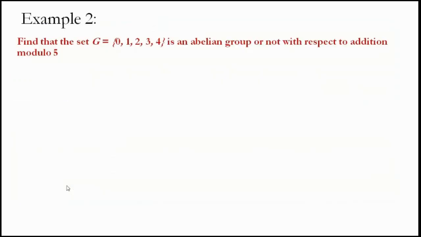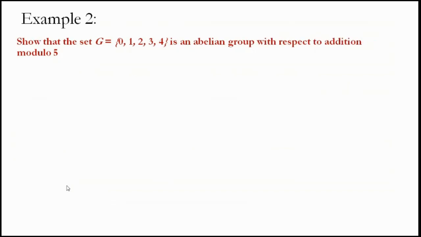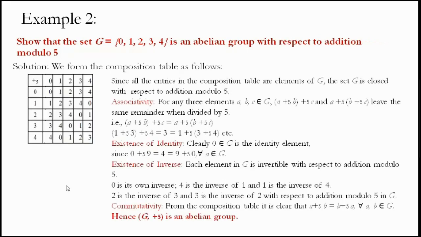Find whether the set G equal to {0, 1, 2, 3, 4} is an abelian group with respect to addition modulo 5. You can make the table like this. Since all the entries in the composition table are elements of G, if you perform the modulo operation, all the elements fall under G, so G is closed with respect to addition modulo 5.